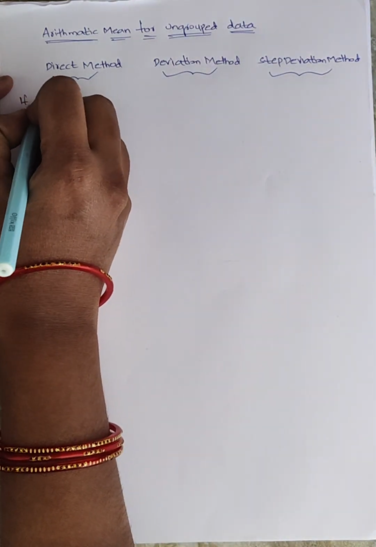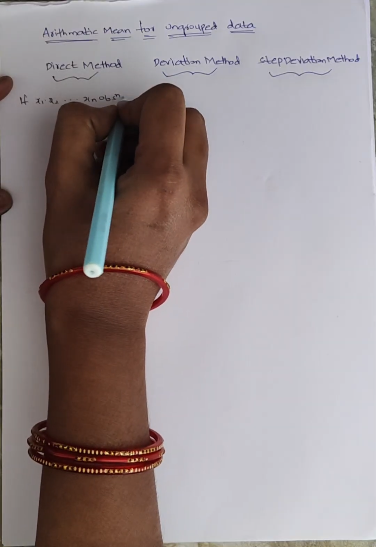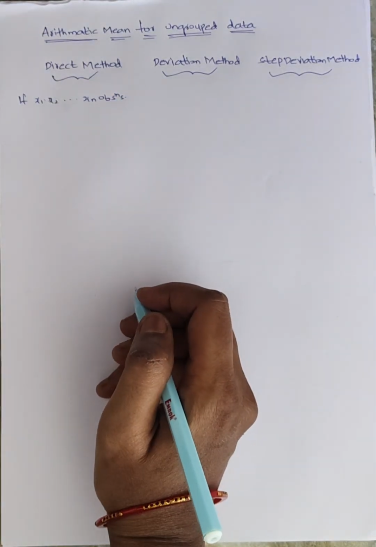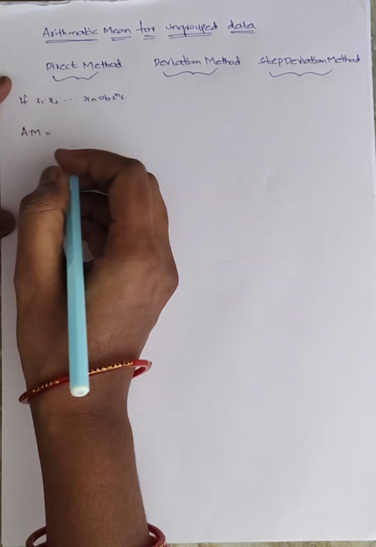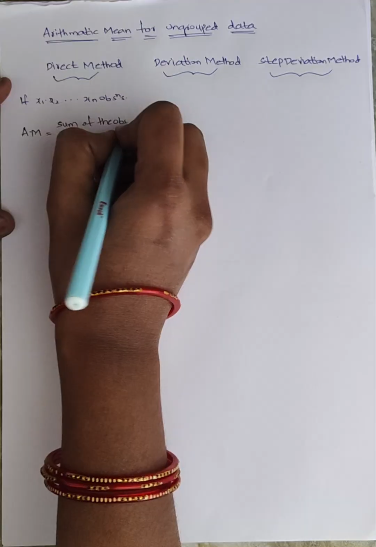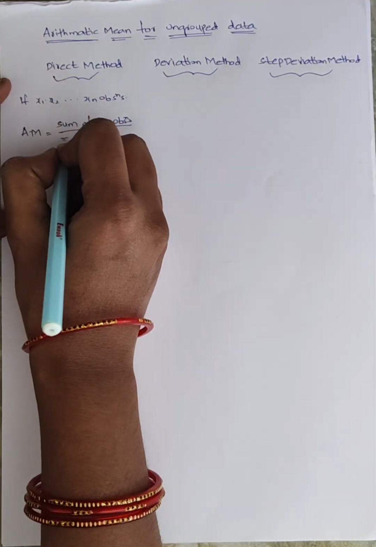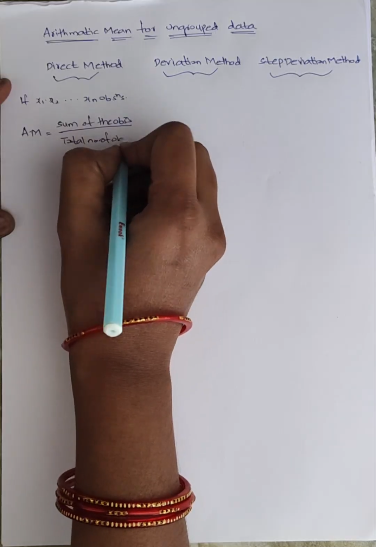If x1, x2 and so on xn observations are there, then we can find arithmetic mean by using the formula: arithmetic mean is equal to sum of the observations divided by the total number of observations.